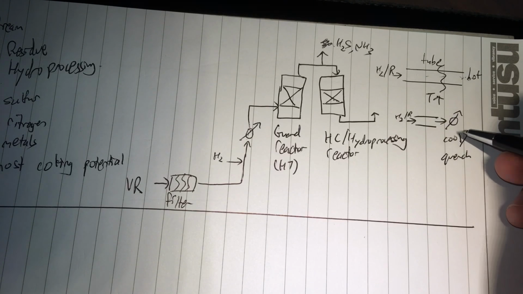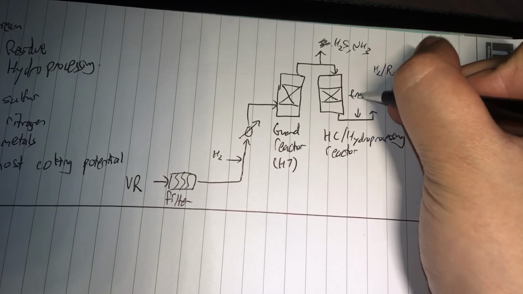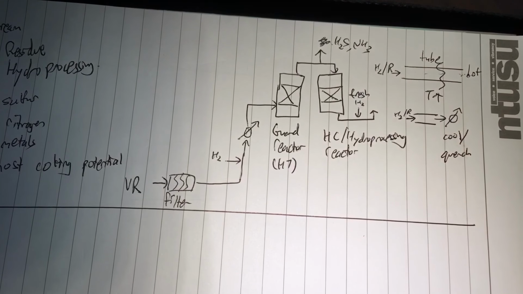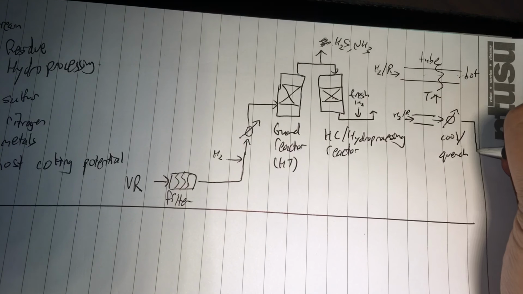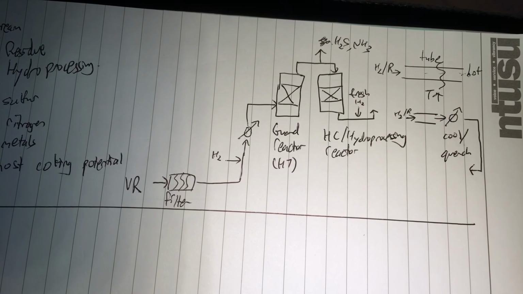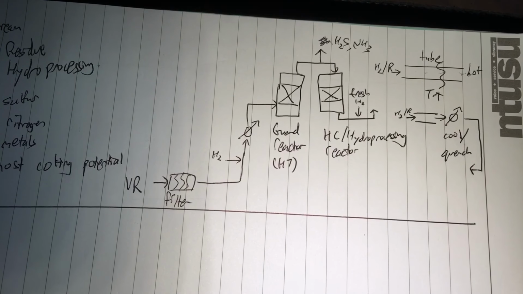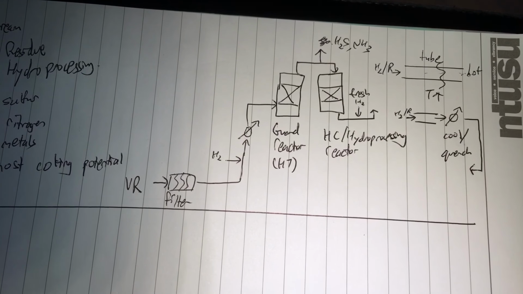You can put in some fresh hydrogen. What the fresh hydrogen does is to dilute the mixture and to cool it down. So let's say you have a cold quench of hydrogen, extra hydrogen being added.